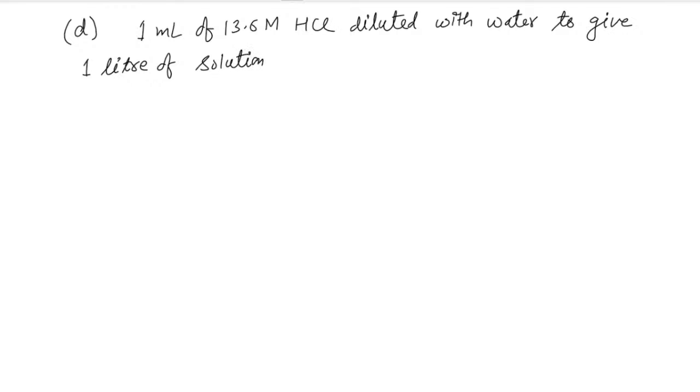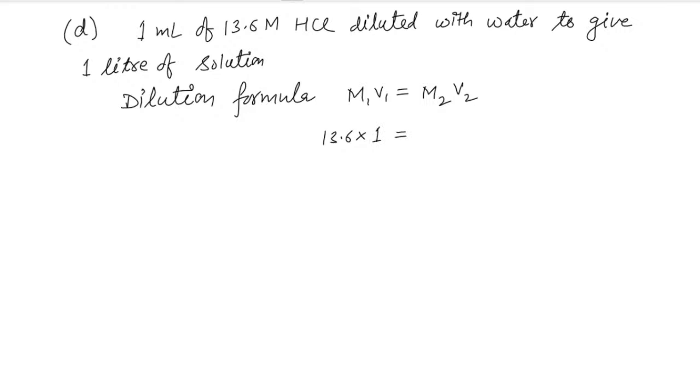Means we have to apply the dilution formula to calculate the molarity of the resulting HCl solution first. What is the dilution formula? Dilution formula is M1V1 is equal to M2V2. M1 is 13.6, and volume is 1.